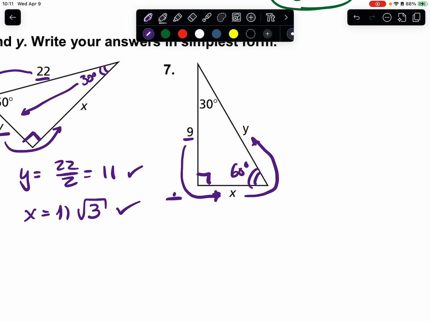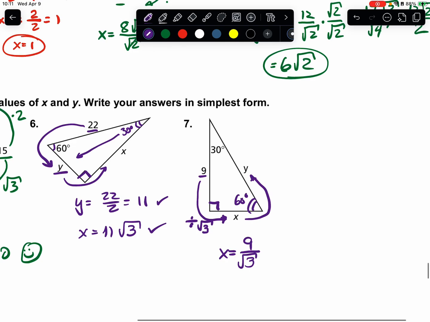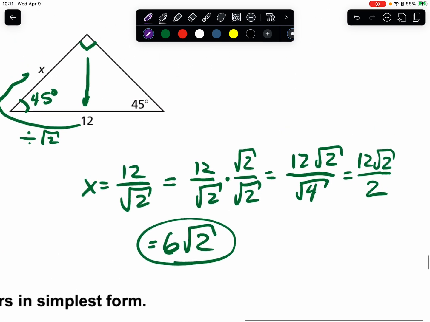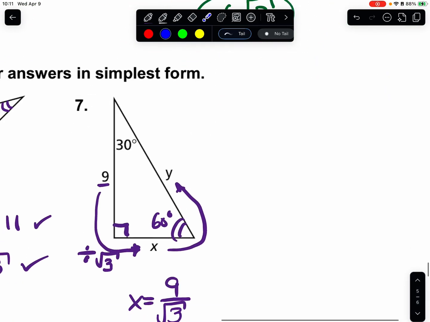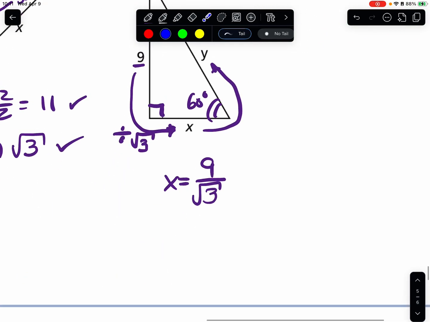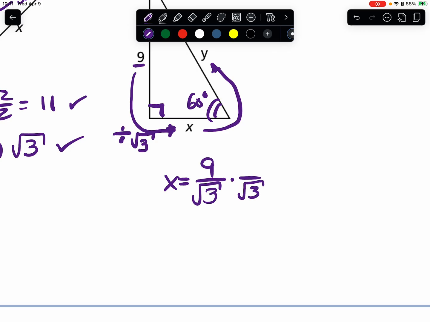So first thing we're going to do is, instead of multiplying, we're going to divide by radical 3. So x is equal to 9 divided by radical 3. All right, we did that right back up here, where we took the 12 and divided by radical 2. Same process now. So I've got to get rid of that radical in the denominator, so we multiply by radical 3 over radical 3.